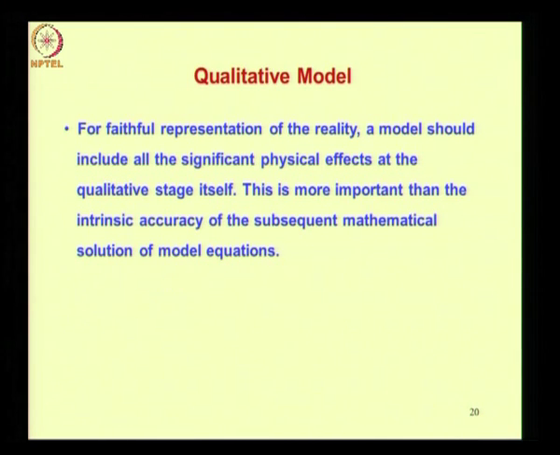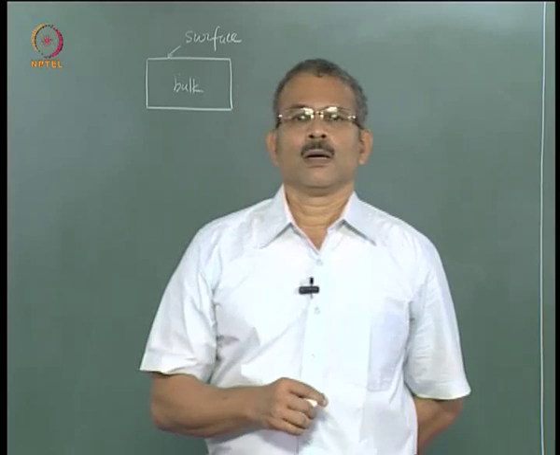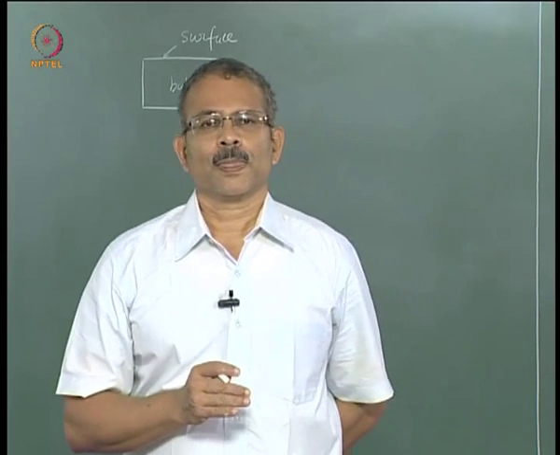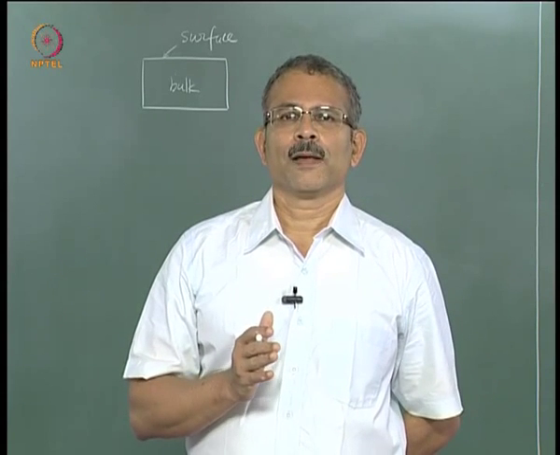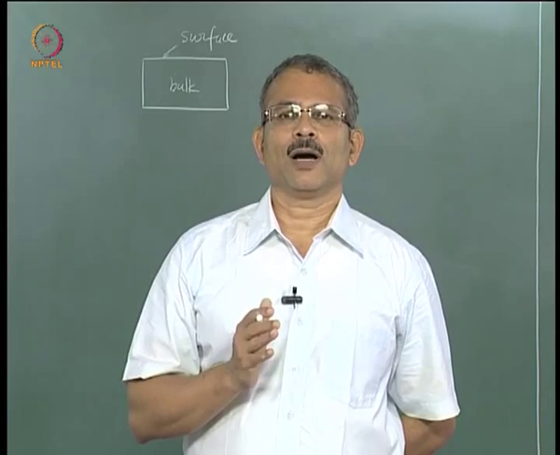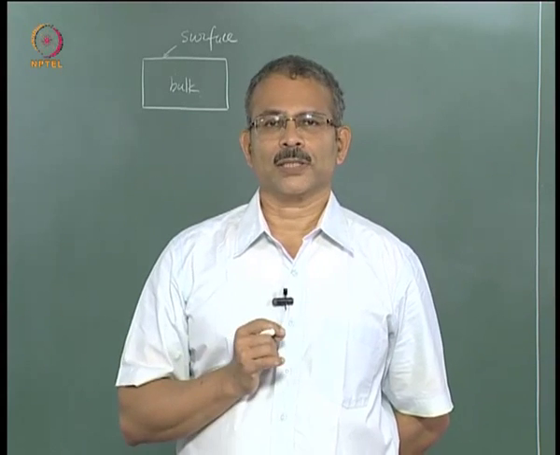An important point about qualitative modeling is that for faithful representation of reality, a model should include all the significant physical effects at the qualitative stage itself. This is more important than the intrinsic accuracy of the subsequent mathematical solution of the model equation. Now this point is important because often we are likely to consider the accuracy of the model to depend on the accuracy of the numerical calculation.